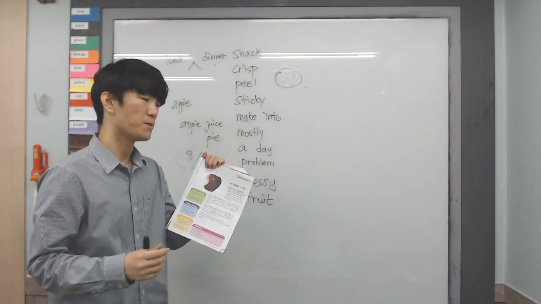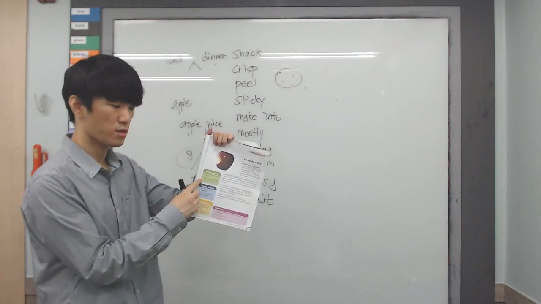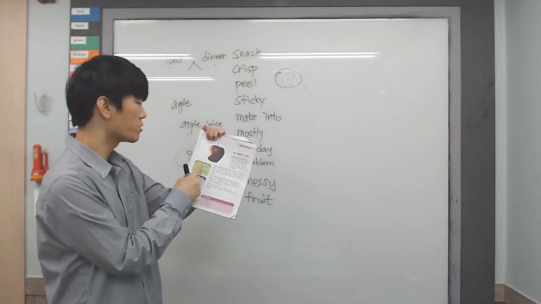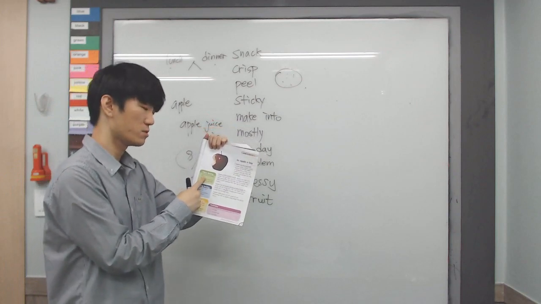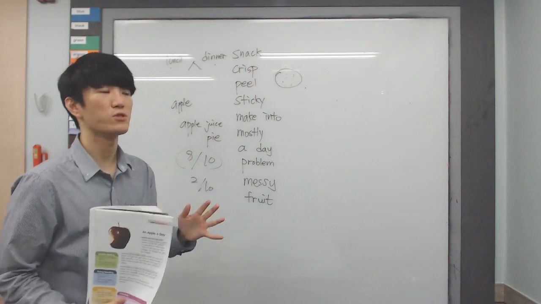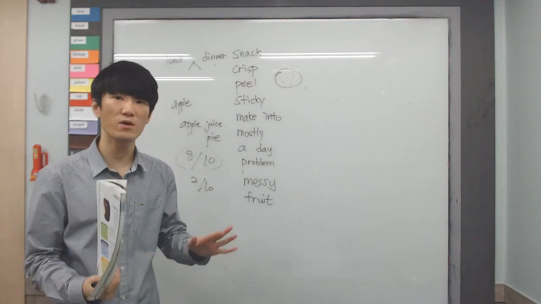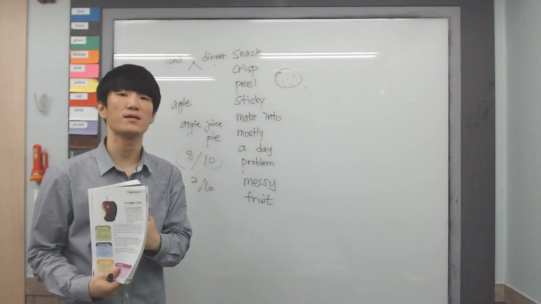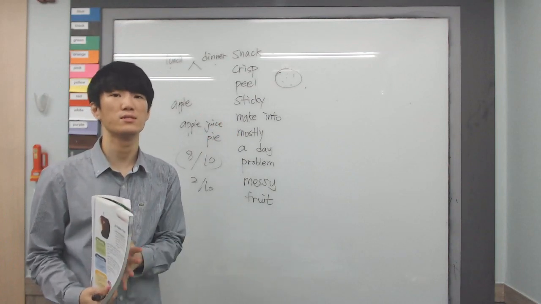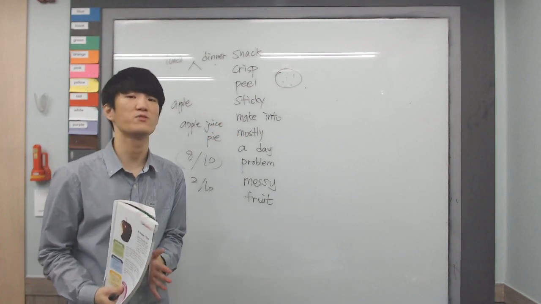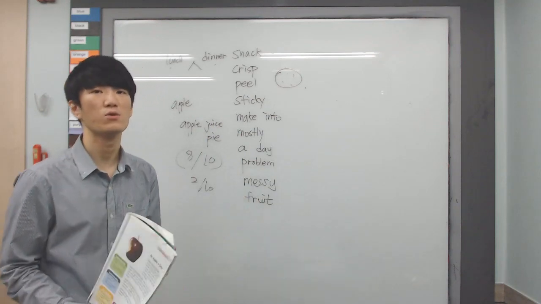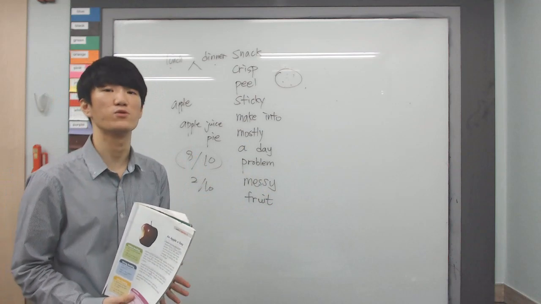And before we read, let's look at the green box. First question is, what are your favorite fruits? So which fruit do you like the most? Favorite, first one. So for me, I like watermelon the most. That is my favorite fruit. So what about you? Think about what's your favorite fruit.